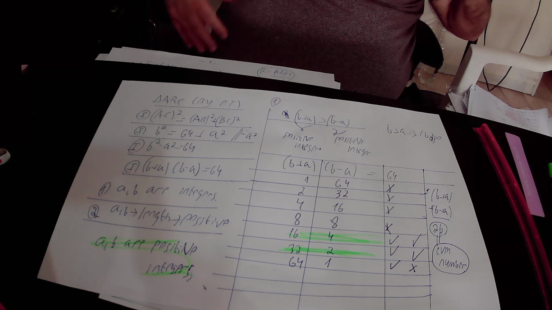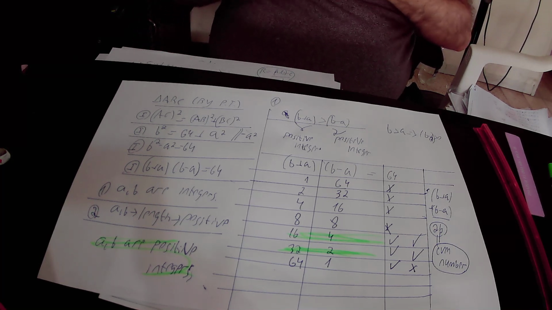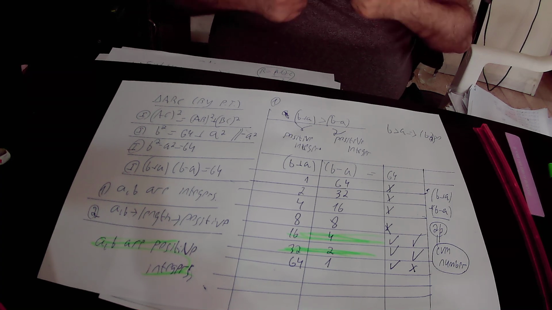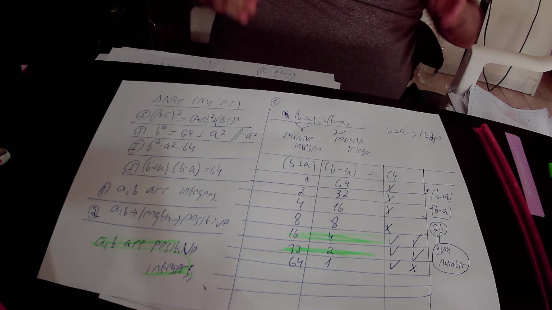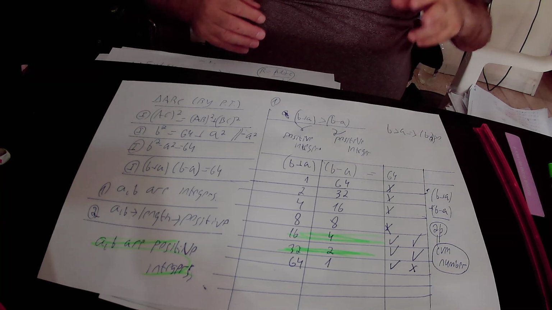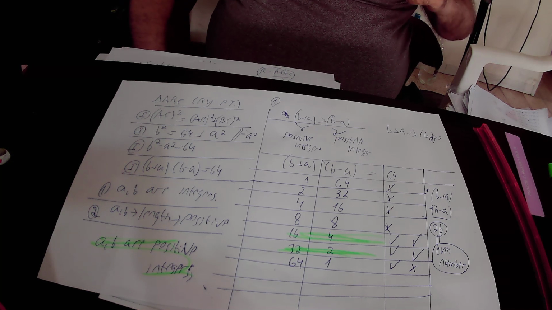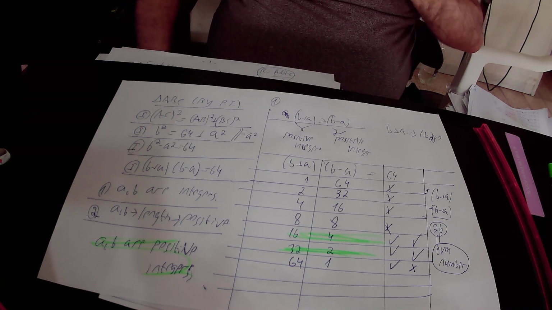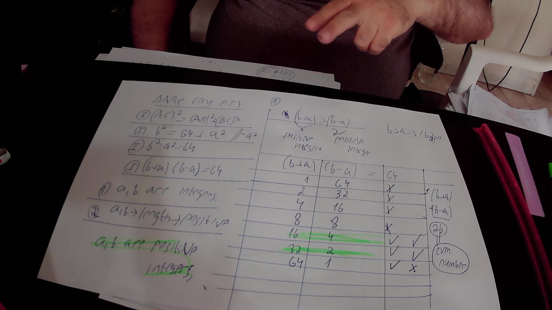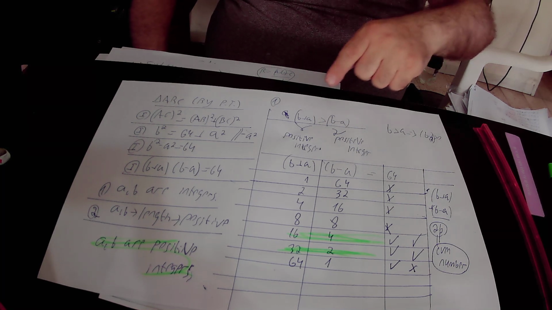So according to equation number 1, we found out that if we multiply two positive integers by each other, the result will be equal to 64. There are not a lot of possibilities for this equation. We have only a few possibilities.